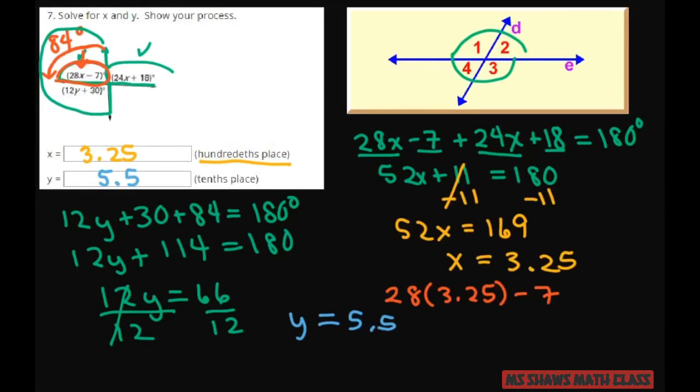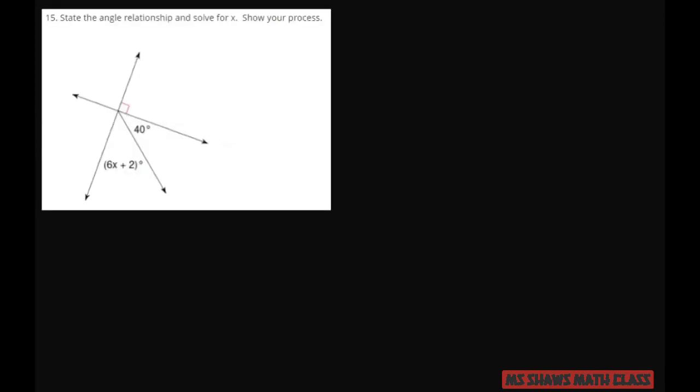Now the last problem is this one, and this one's a little different. You can either say this whole thing is supplementary, or you can say that this is 90 degrees, because we already have 90 degrees here. So we can just add these up. 6x plus 2 plus 40 equals 90.